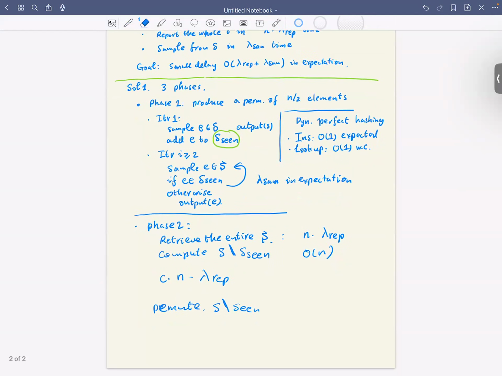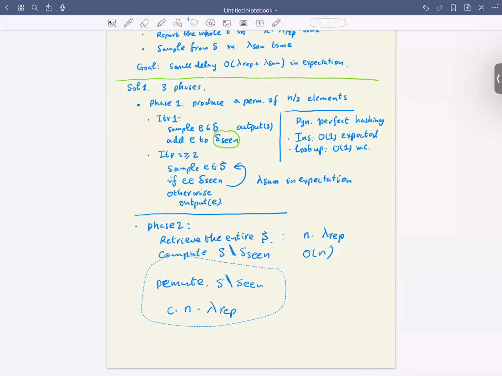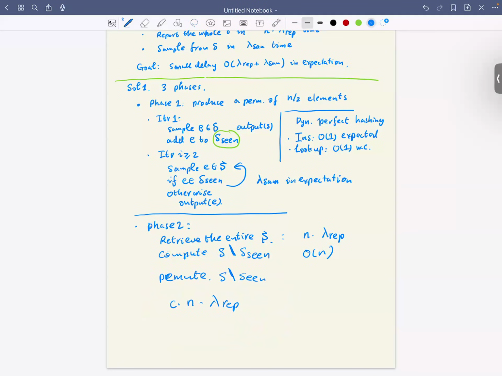This is something I talked about before, in a seminar that I gave in the first term. You can do this in linear time. So if you combine these 3 steps, in total they take you c times n times lambda rep. No problem. That is the end of the second phase.